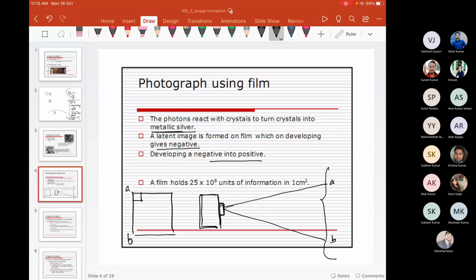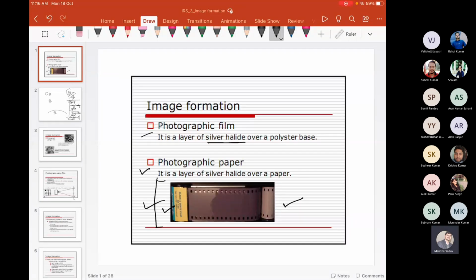What happens? The area that is sensed is gridded into picture elements. Now light coming from these picture elements is sensed and falls over this film.